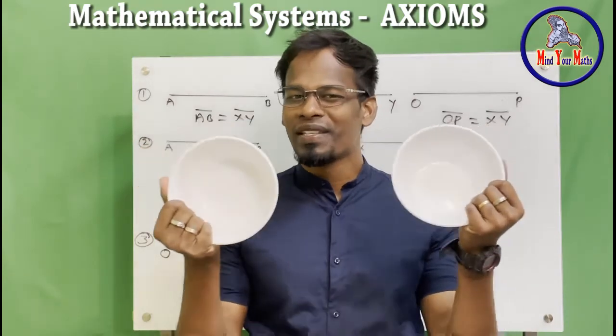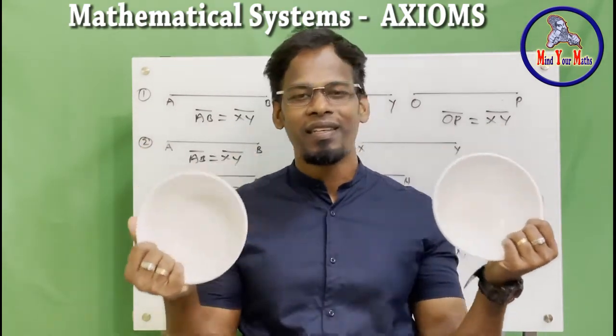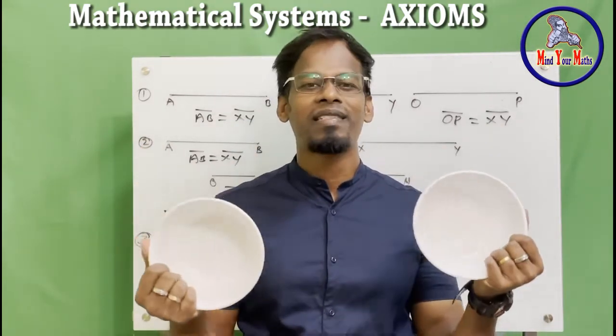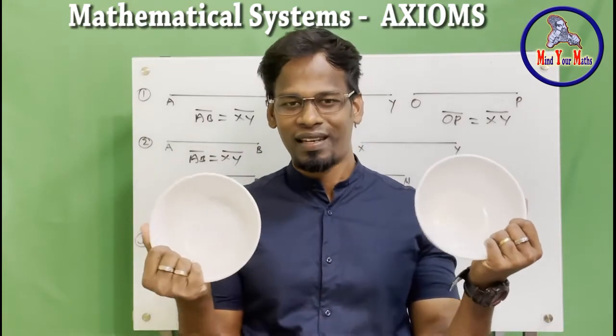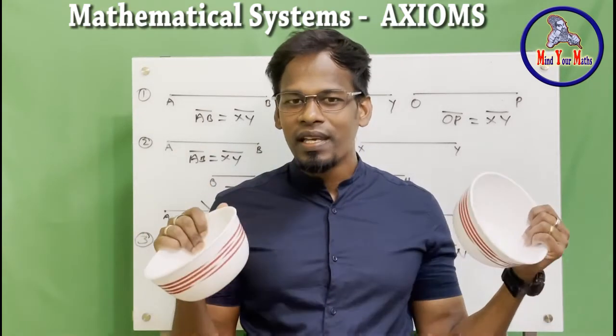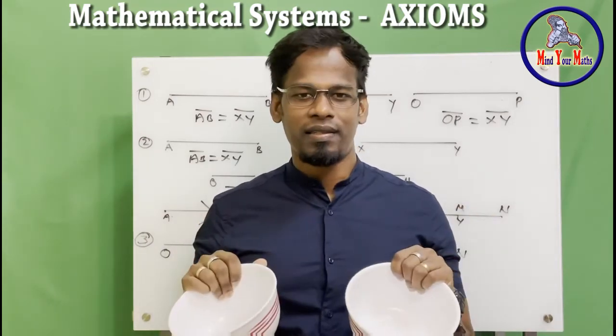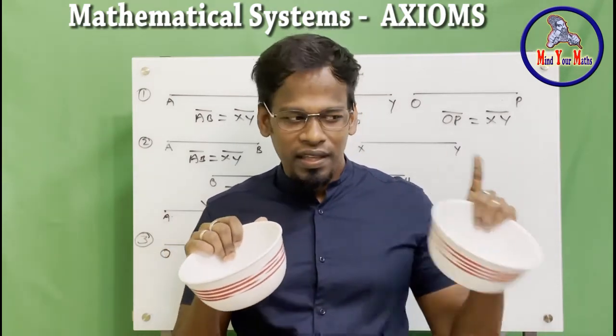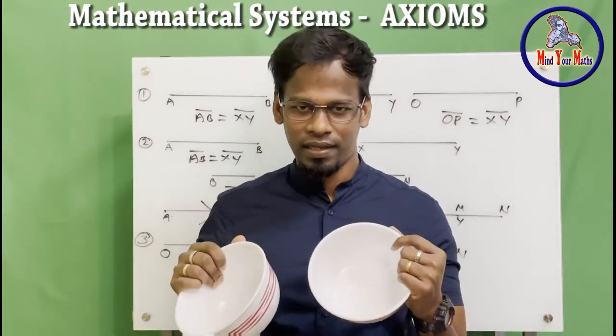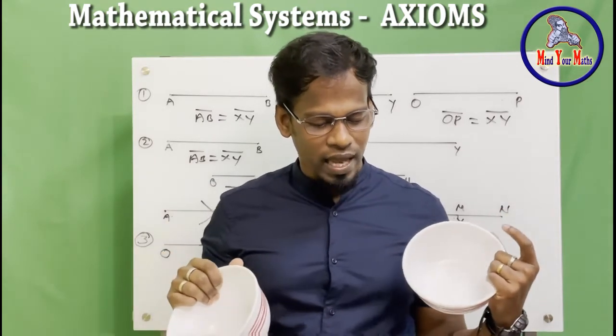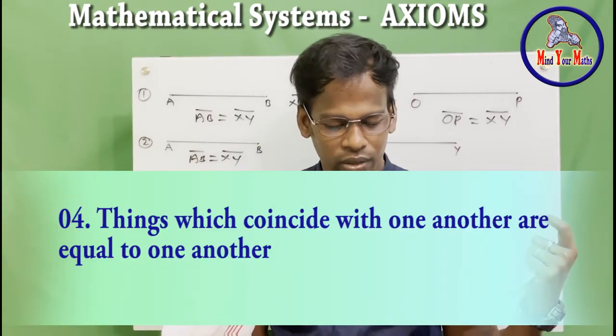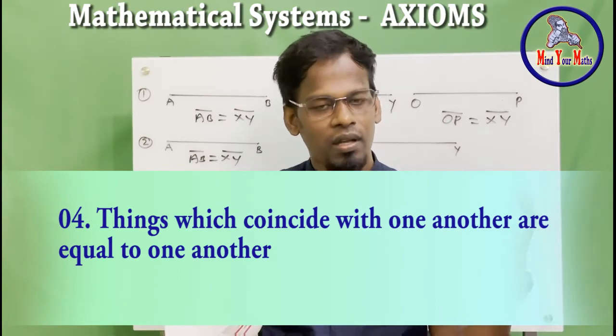Why am I using all these things? Because these things you can see every day in your life. So maths is not a kind of rocket science. Everything that you see around you, you use maths, mathematics, to think about a particular object. So now let's see the fourth axiom. Things which coincide with one another are equal to one another.